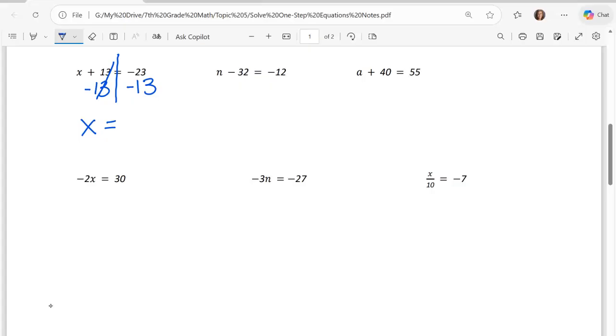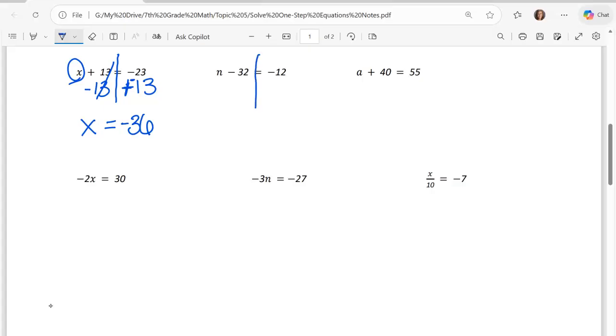No. When we're subtracting, negative 23 minus 13 is the same as adding the opposite. So adding a negative 13. So that's actually negative 23 plus negative 13, which would give you negative 36. So this x is equal to negative 36.